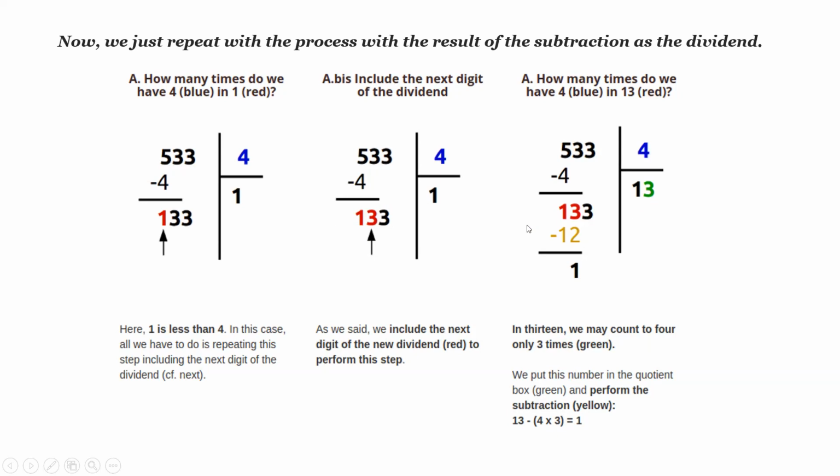It is 12. Find the difference: 13 and 12 is equal to 1. So this 3 is put down next with 1, making 13, and repeat this process.